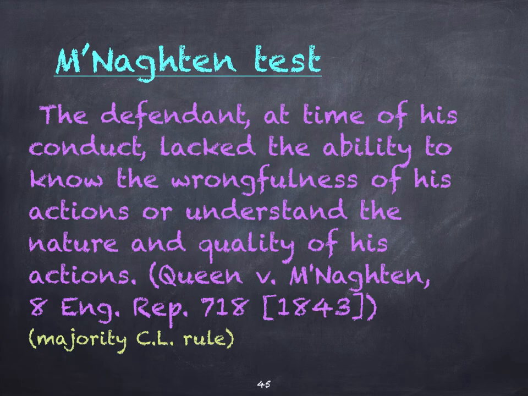The defendant at the time of his conduct lacked the ability to know the wrongfulness of his actions or understand the nature or quality of his actions. This is based on a case in England, Queen versus McNaughton, and it is the majority common law rule.